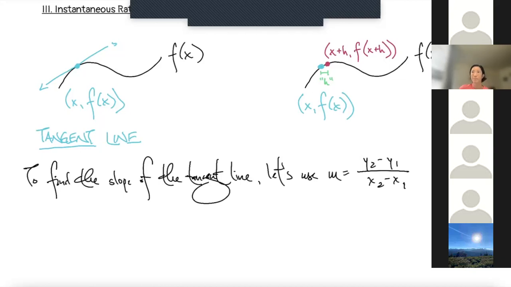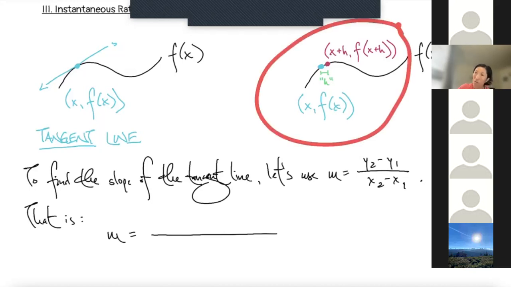Okay. So that is slope will be, let's plug in our values from over here. Okay.